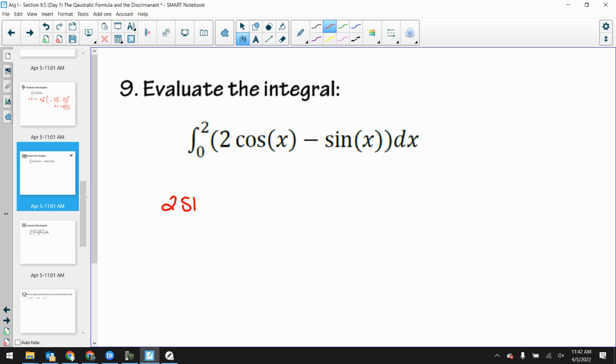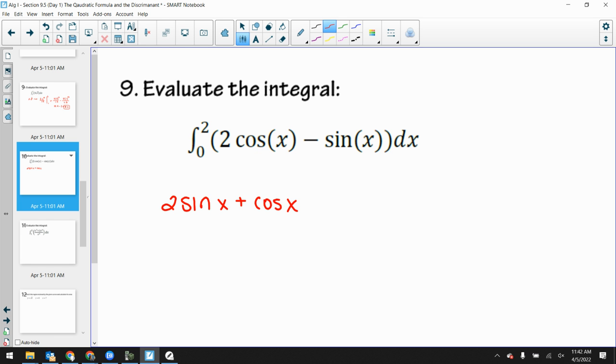So 2 sine x minus, what is the antiderivative of sine? Negative cosine. So I'm going to go plus cosine x. There's my antiderivative: 2 sine x plus cosine x.